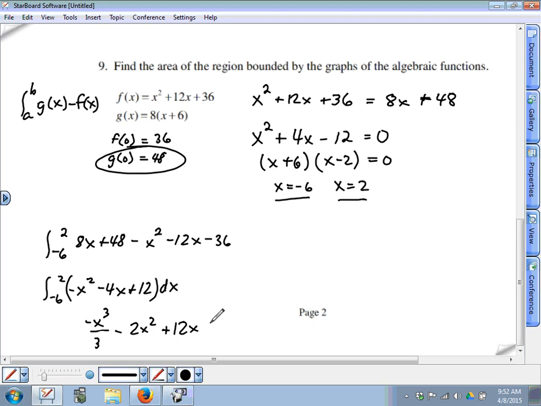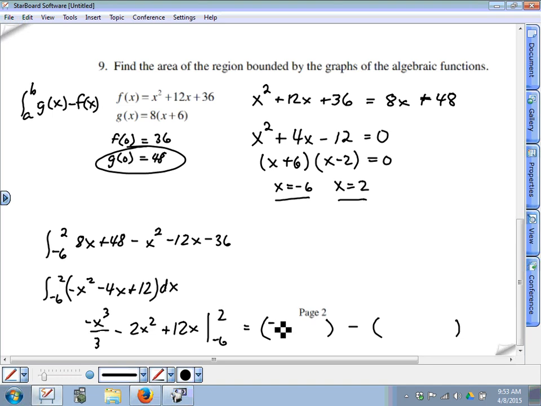And since this is a definite integral, we evaluate the antiderivative at the upper bound and the lower bound and subtract. So this is the antiderivative evaluated at the upper bound of 2.